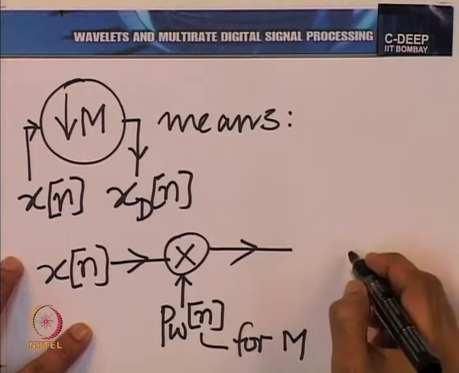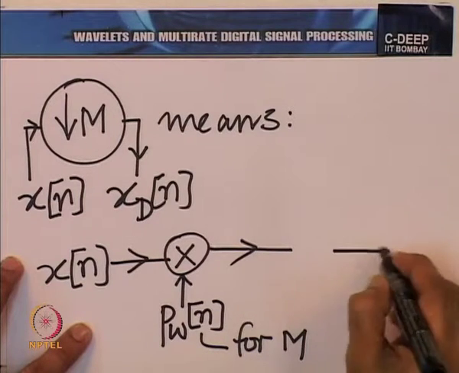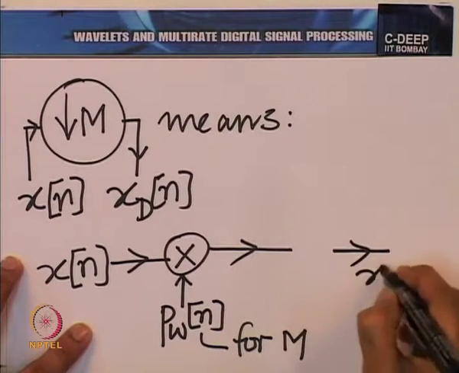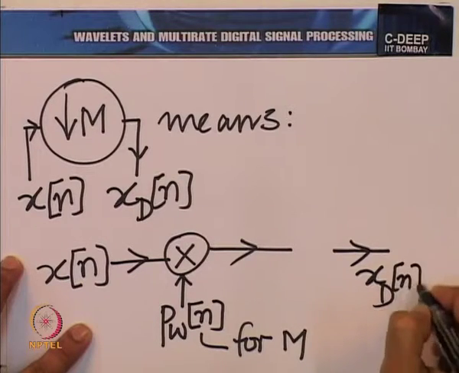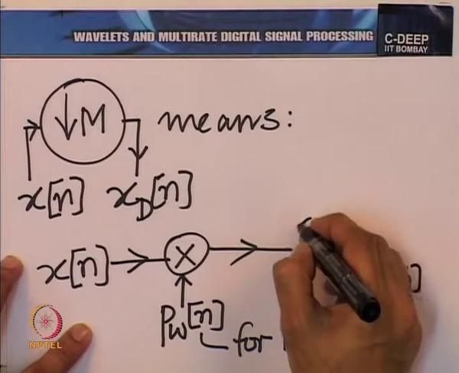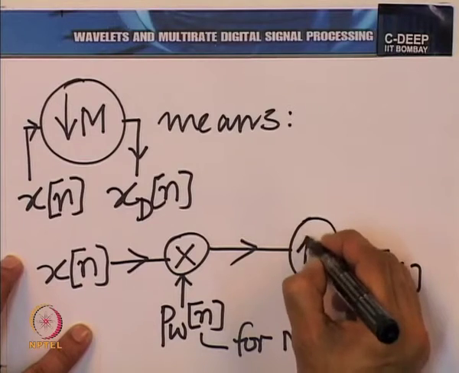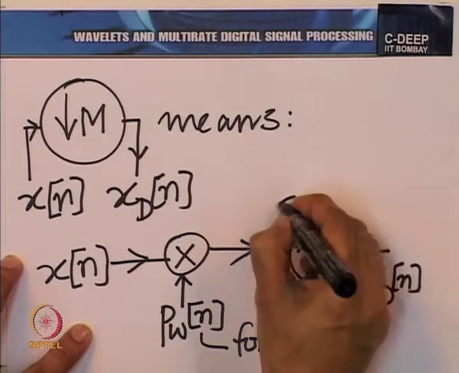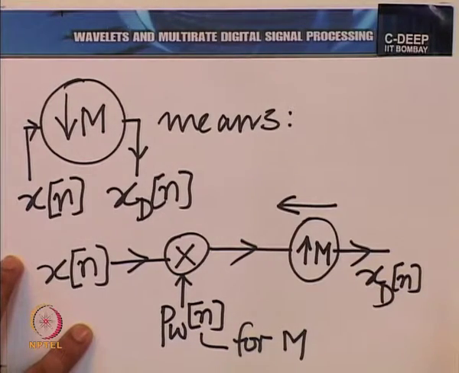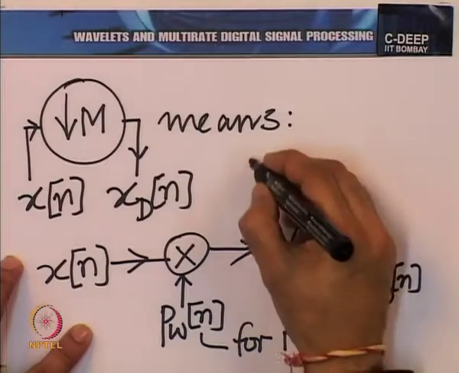What we are saying is x_d[n] is here, and I am saying upsample by M, but this way. That means it is an inverse upsampling operation.